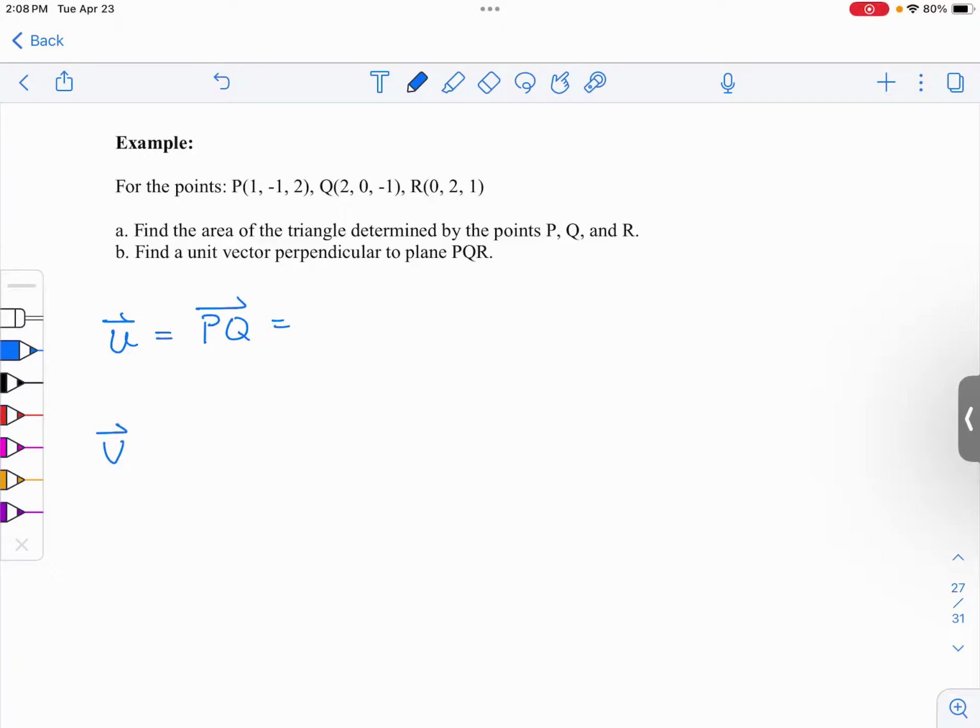And while I'm at it, I'm going to pick my other vector just so I don't screw this up later, and I'm going to go P to R. This notation indicates that I started at P, went to Q, and I started at P, went to R. So I've created in space, here's my point P, here's my point Q, here's my point R. That's basically what this looks like. This is somewhere in 3 dimensions though, but it doesn't matter as long as we have that concept.